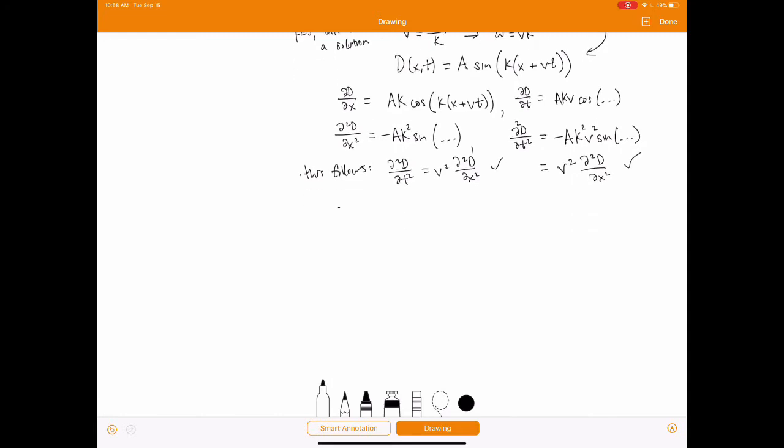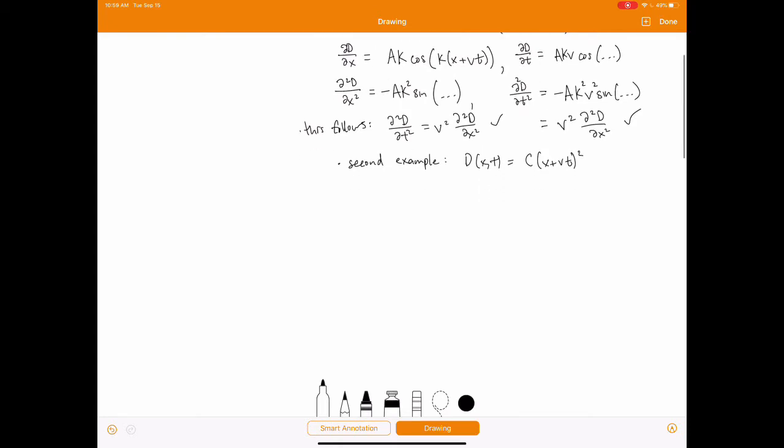In the second example, here's what we have. We have d of x and t is equal to c times (x plus vt) squared. We'll do the same kind of thing as before. We'll take the derivative with respect to x. Again, this is a partial derivative.